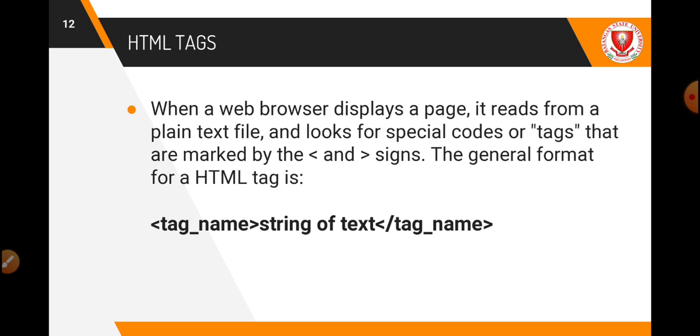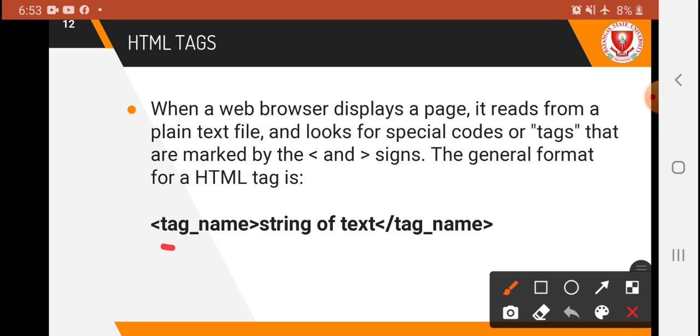We have, again, our tag name surrounded by angle brackets, and then we have our string of text, or the text that we want to format. And do not forget our end tag. For our end tag, it should have a slash before the tag name. Do not forget that, guys.